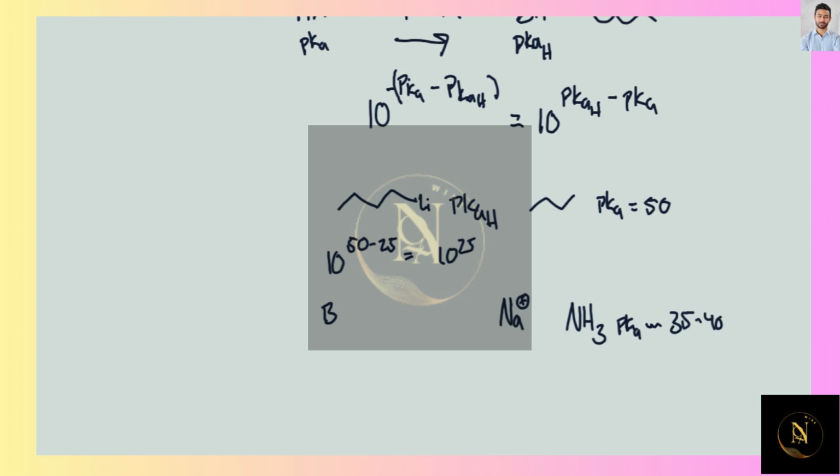So clearly we would get a positive number from our formula. We'd say 10 to the 35 minus 25 equals 10 to the 10. That's like ten billion. So C is clearly strong enough.